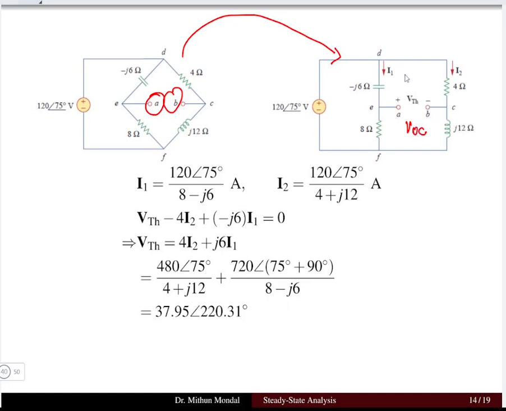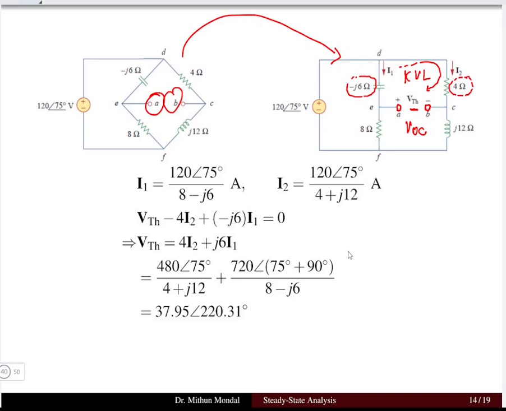If I apply a KVL equation in this particular loop, then I can obtain the voltage Thevenin, meaning the voltage potential of A minus the voltage potential of B will give me the open circuit voltage here, V Thevenin. For that, I need to determine the voltage drop across this capacitor and across this 4 ohm resistor.